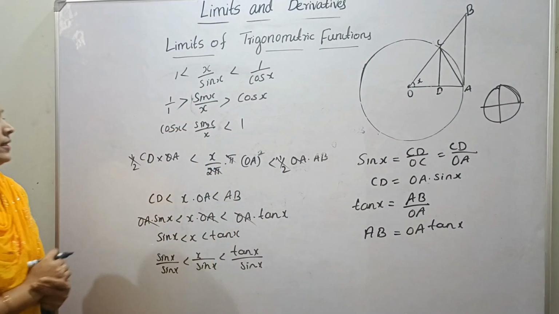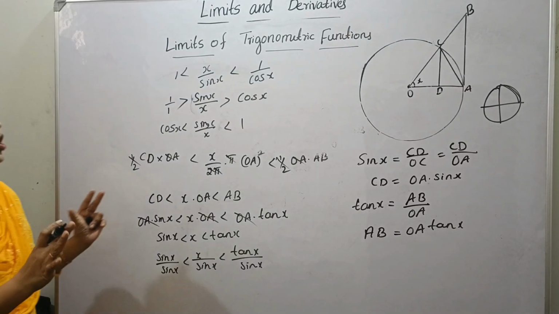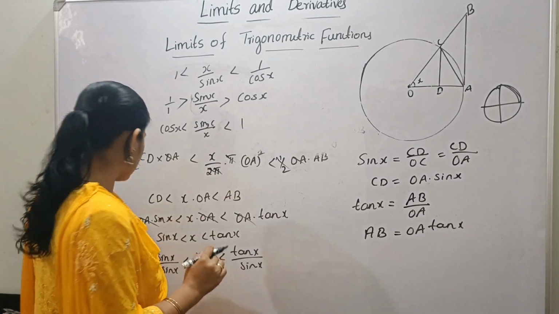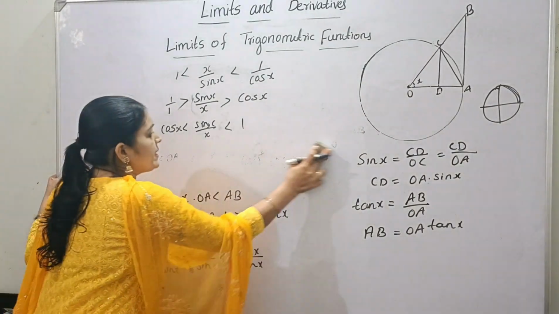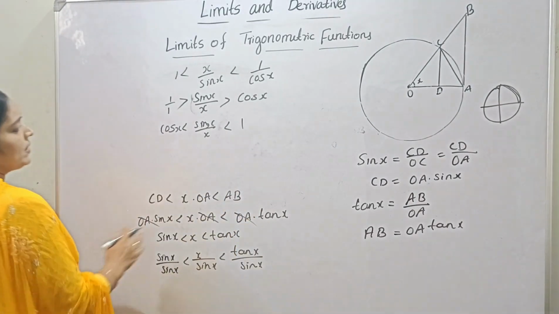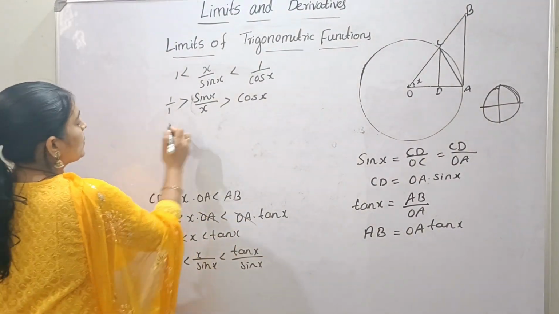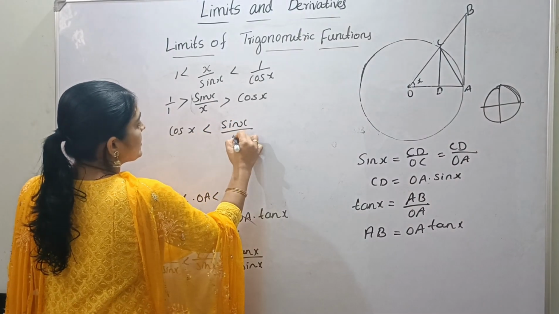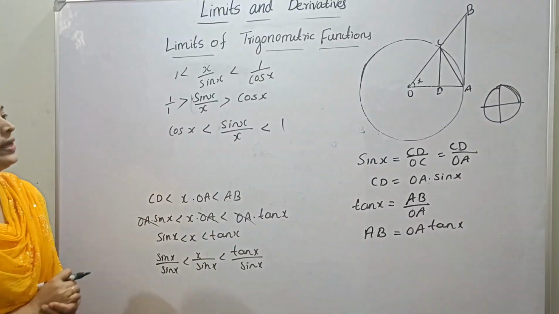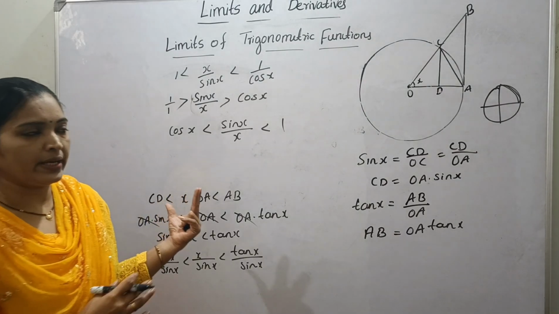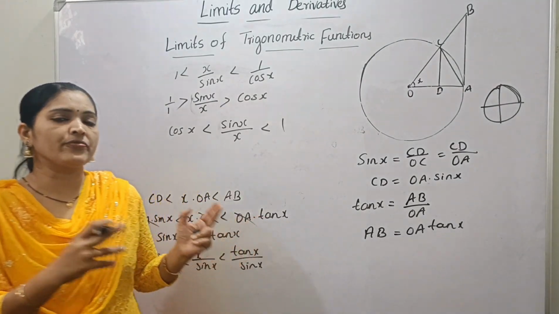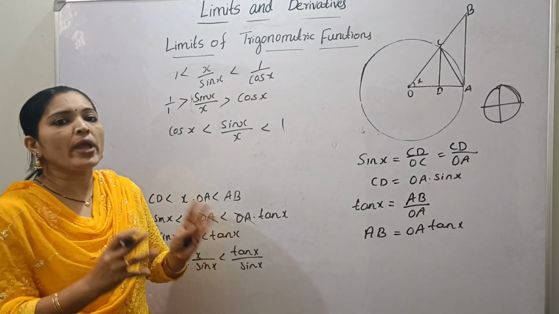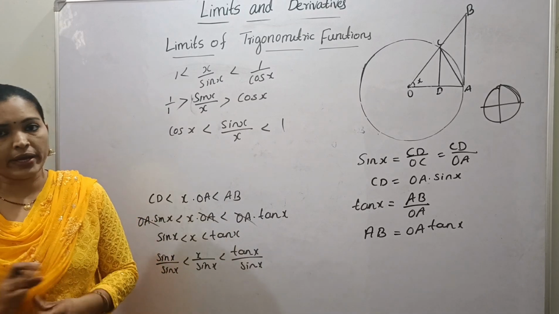Okay, now here we have got the inequality cos x less than sin x by x less than 1. Just before, we learned that if f of x less than g of x, then limit x tends to a of f of x less than limit x tends to a of g of x, right?